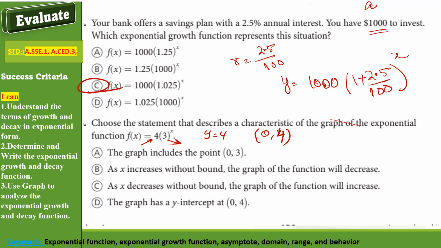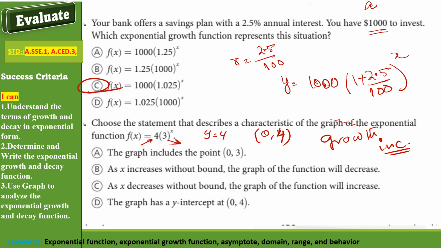So these are the things which we know. Another thing we know is that this is a growth function, which means the function is increasing. Now all the characteristics are in front of us and we will see what matches our knowledge. The graph includes the point (0, 3)?